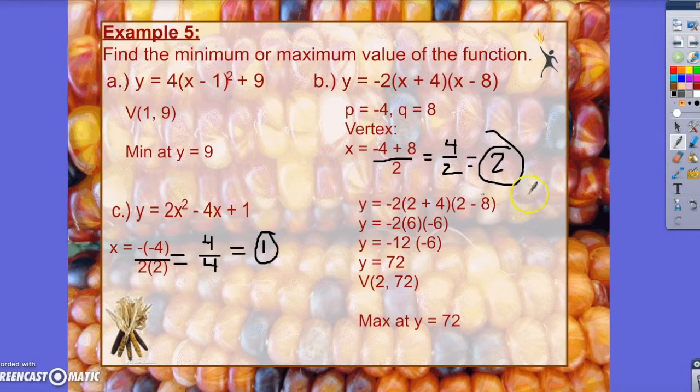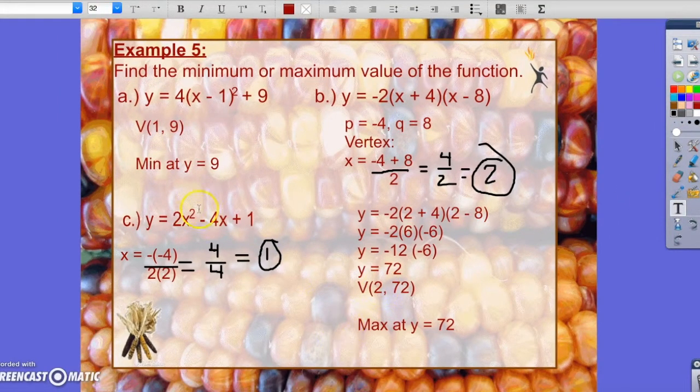Now we have the x. How do we find the y? We just plug x back into the original. I actually like this last method, so you see the similarities and differences between each of them. It's important to keep them each straight in your head to make sure you're doing the right one. Check your work for evaluating. You should get -1. So my vertex is 1, -1.